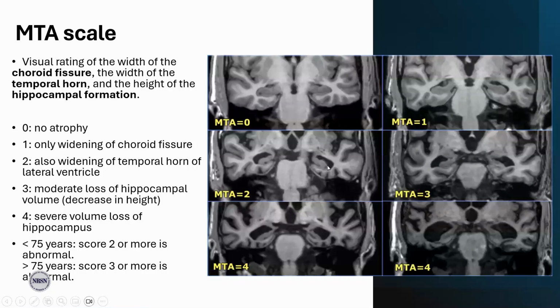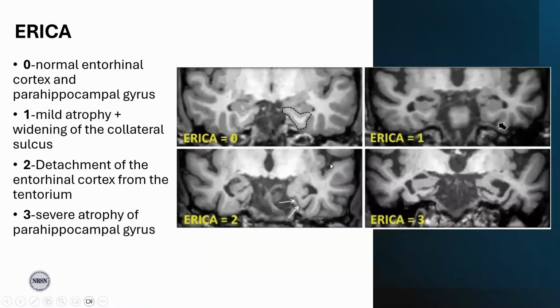Now, an MTA of 2, in addition to widening of the choroid fissure, there is also widening of the temporal horn of the lateral ventricle, which is seen here. This CSF intensity seen here.